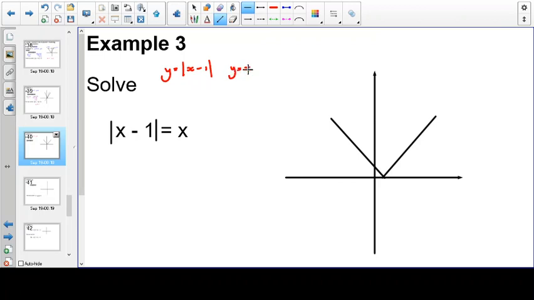Now y equals x has got the same gradient but is going through the origin. So we need a graph with the same gradient but that's going through the origin, which I've just not done very well. Start that again.